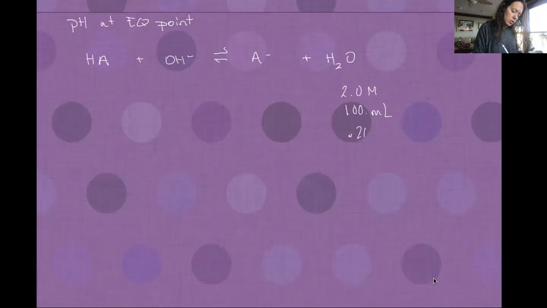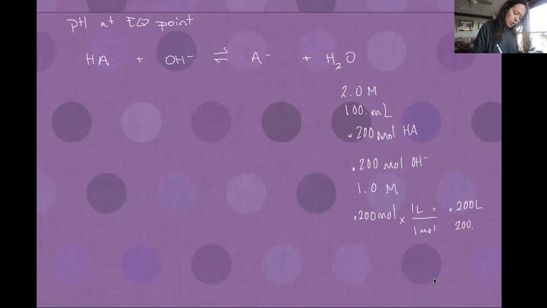That's 0.200 moles of HA. So at the equivalence point, we need 0.200 moles of OH. It is a 1.0 molar, so the volume we will need is 1 mole for every 1 liter, 0.200 liters, which is 200.0 milliliters.